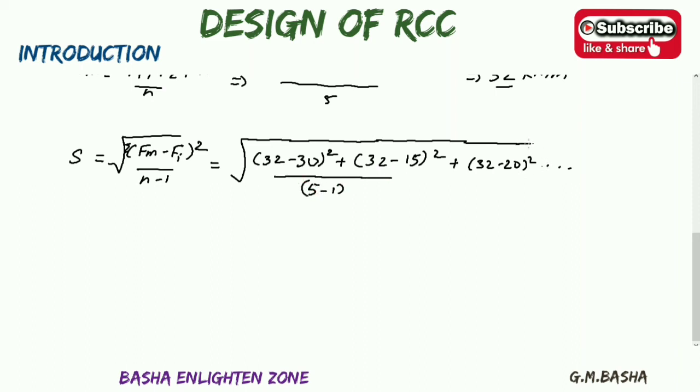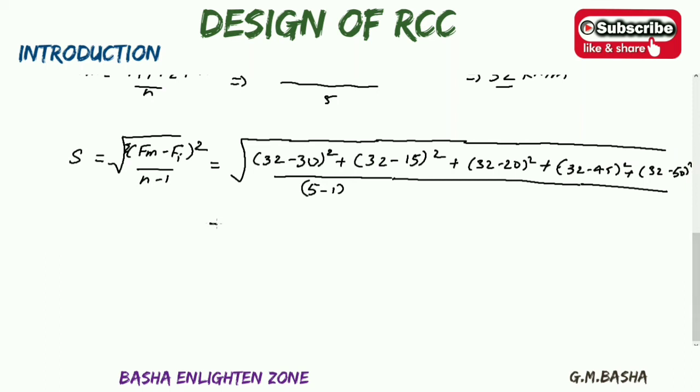If you want, please write down the values also without any confusion. I'm just giving the idea of in what way you have to calculate these things. If you simplify this one, you will get 15.24. So just simplify the values.